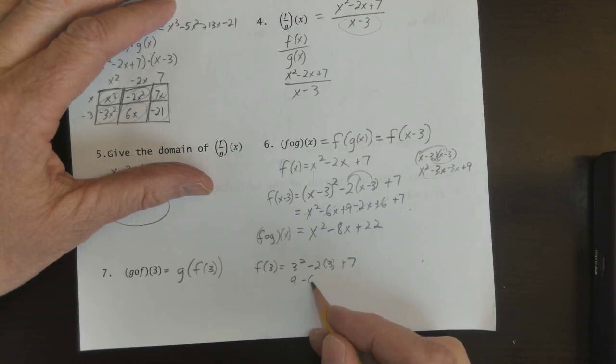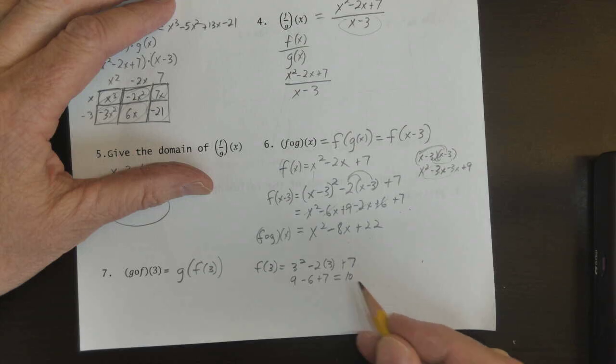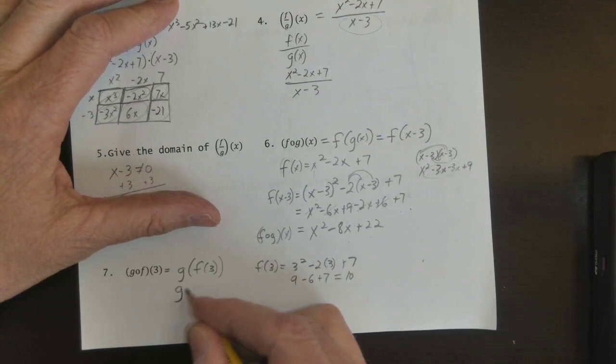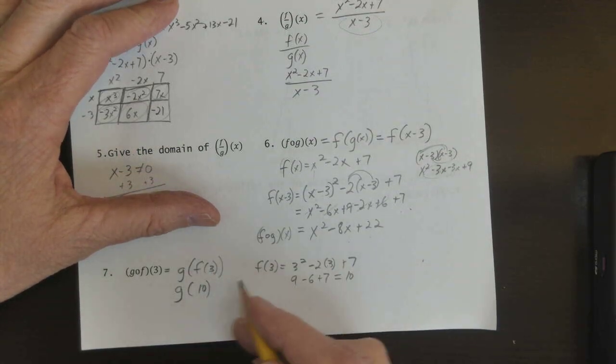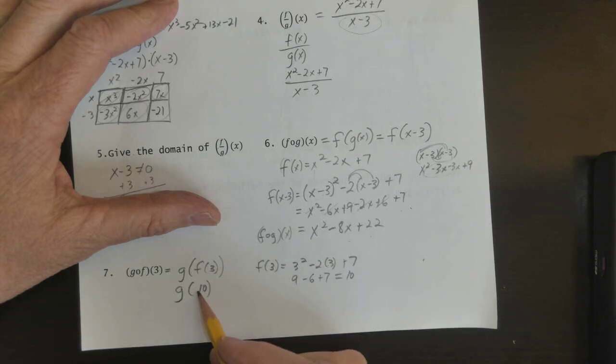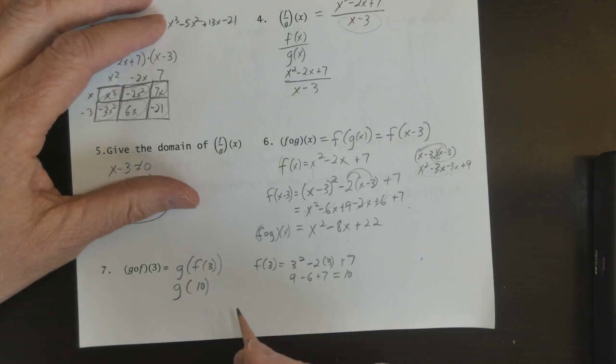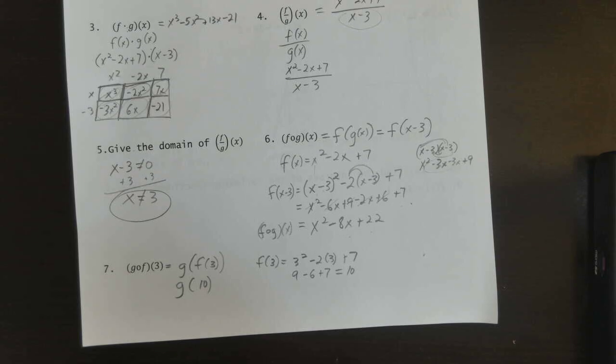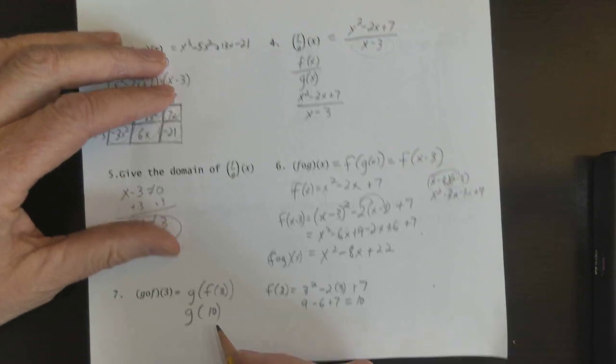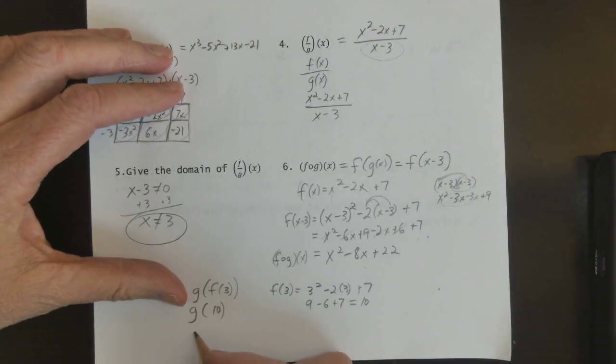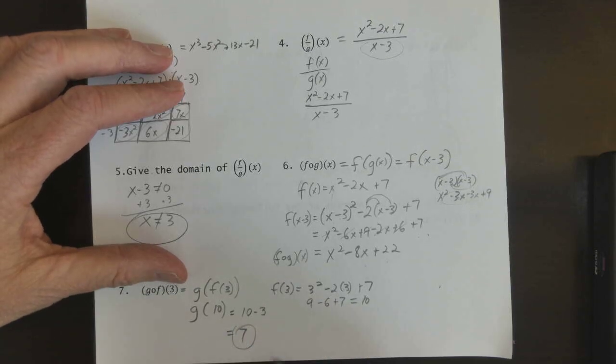That's 9 minus 6 plus 7. 3 plus 7, that's 10. So now we're going to find g of 10. F of 3 is 10. Let's find g of 10. And g of 10, well, g of x is x minus 3. G of 10 is equal to 10 minus 3, so this is 7.